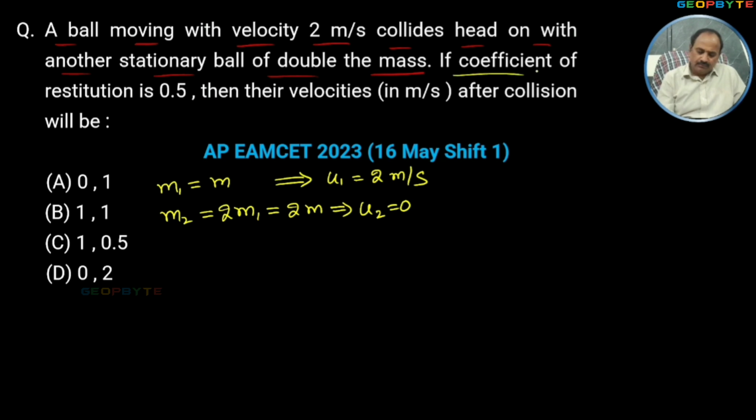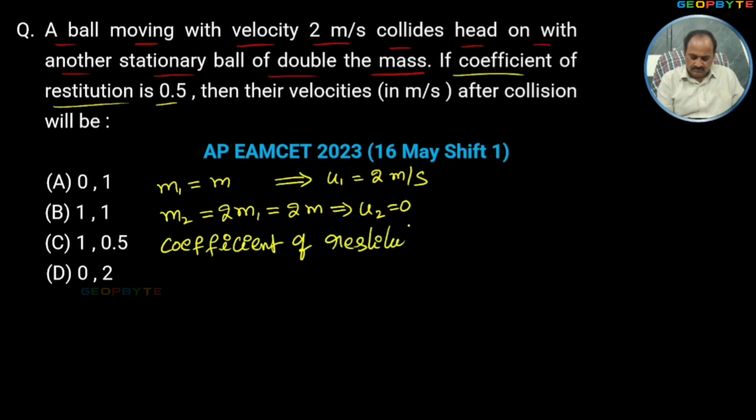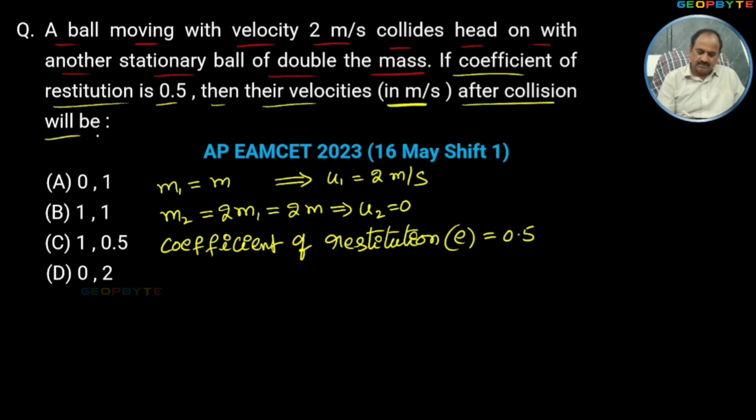If the coefficient of restitution is 0.5, let me write it clearly. Coefficient of restitution, let it be small e, 0.5, then what are their velocities in meter per second after collision?